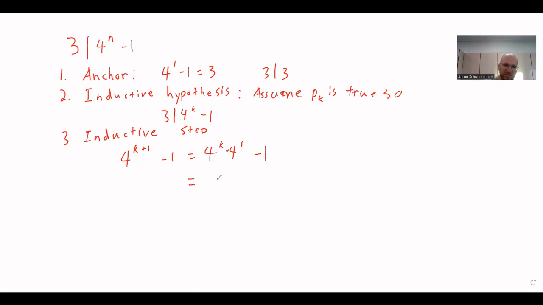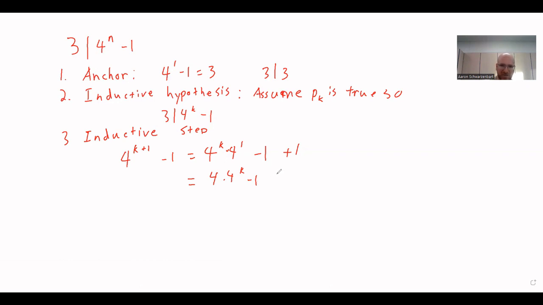Now I'm going to do a little bit of creative manipulation, which means I am going to add a 4 here. No, not exactly. That's not how I want to show this. I could make this 4 times 4^k minus 1. And I'm trying to use this 4^k minus 1 here. So if I factor out a 4 from this, I get a 1/4.